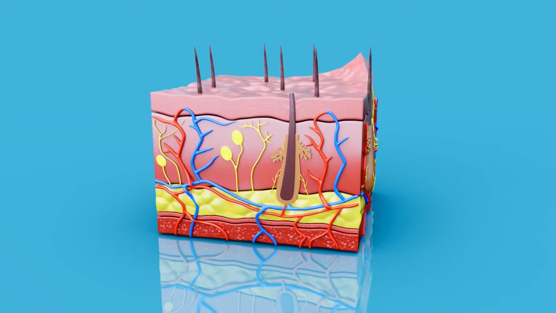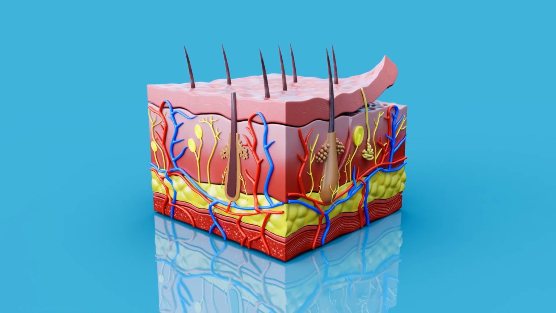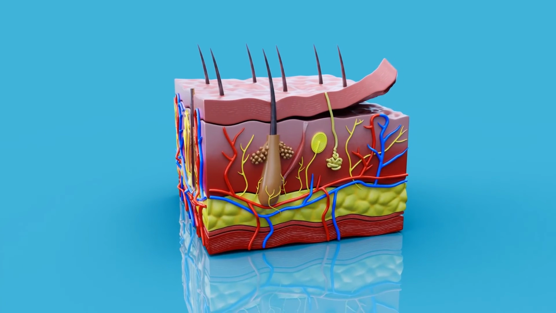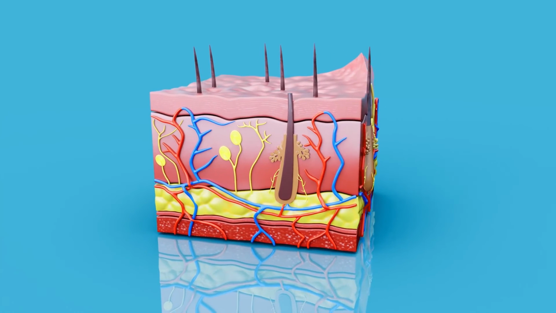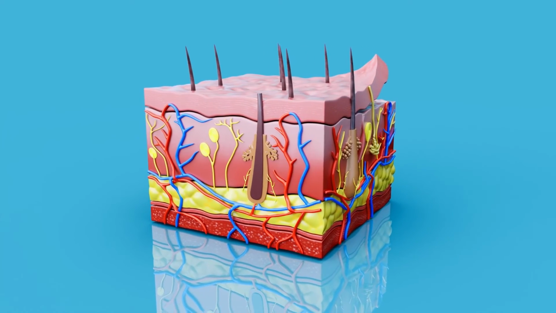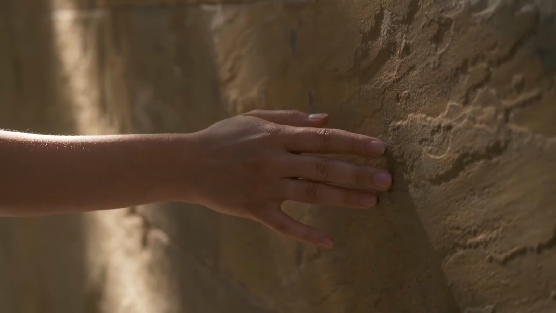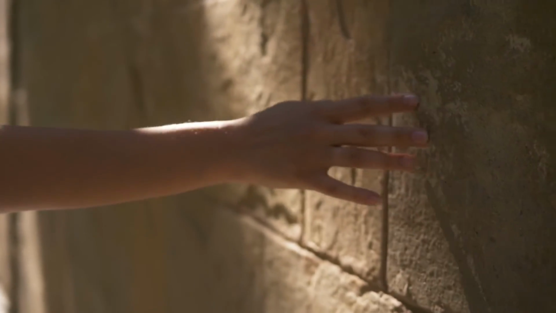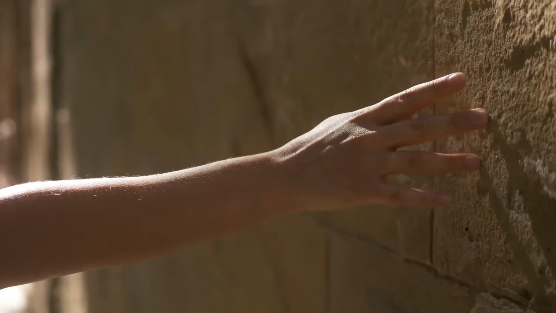Sweat glands. Our fingertips have specialised sweat glands called eccrine glands. These glands produce sweat, which helps regulate body temperature, and this is one of the reasons our fingers and toes get cold and icy before the rest of the body. When we touch a surface, the salts and oils from these glands are transferred onto the surface, leaving behind a residue.